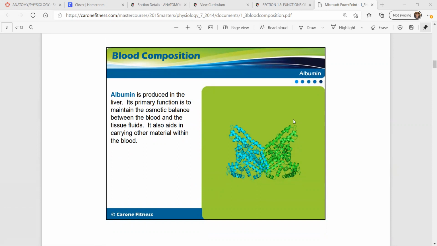So it's trying to maintain this balance between what is outside and what is inside the blood and the tissues around it. It also aids in carrying other material within the blood. So think of it as a balancing carrier.